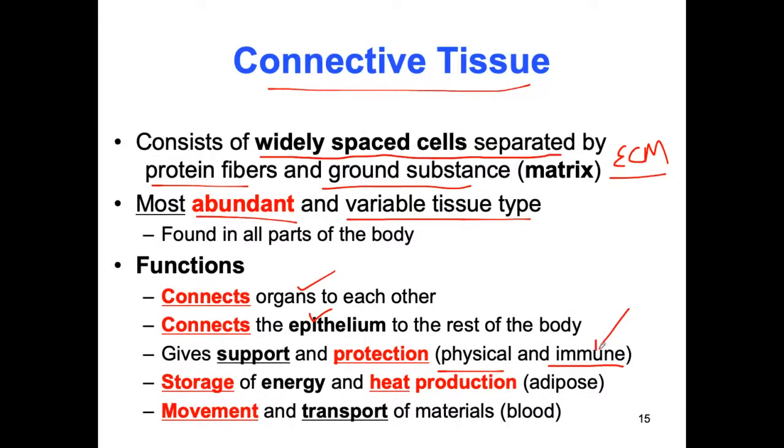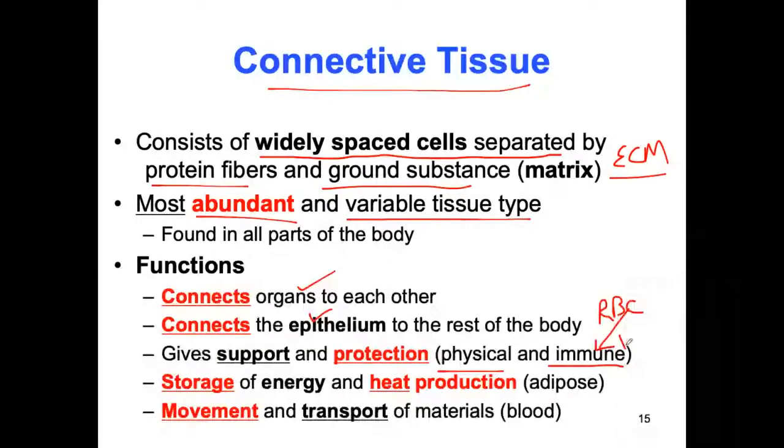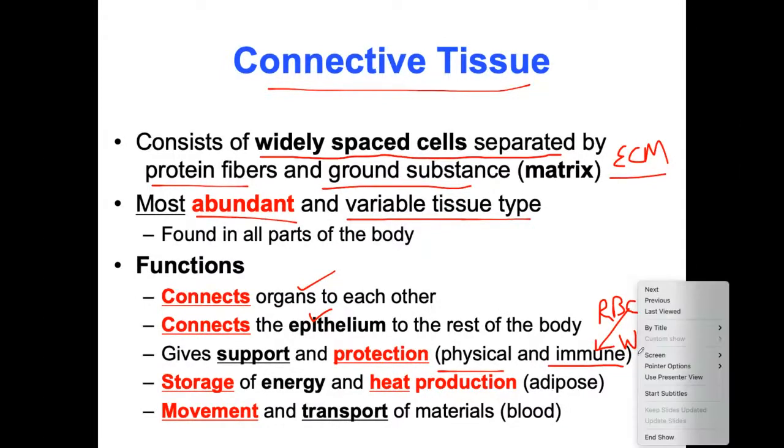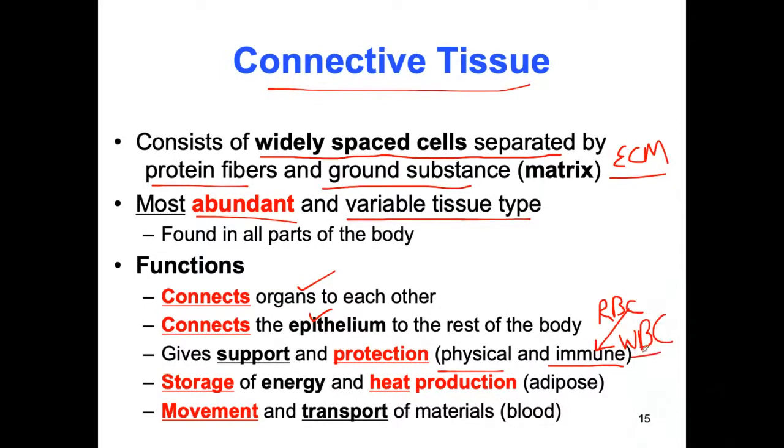And that's because blood is connective tissue, whether we talk about red blood cells or white blood cells. White blood cells, especially, are part of the immune system.